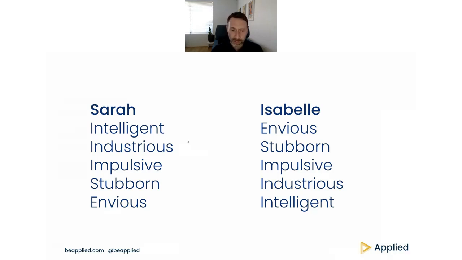So Sarah is intelligent, industrious, impulsive, stubborn, envious. Isabel is envious, stubborn, impulsive, industrious, and intelligent. You might have gotten it since I read them out because it's a little more obvious.